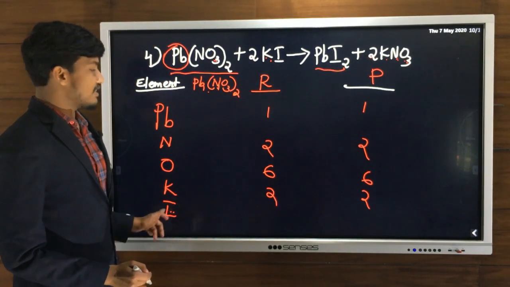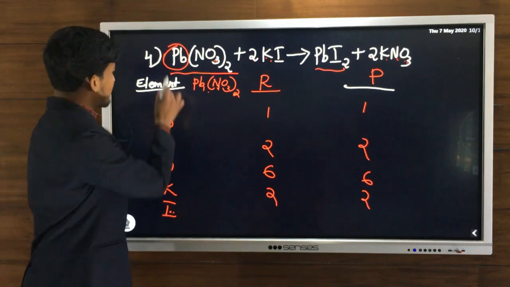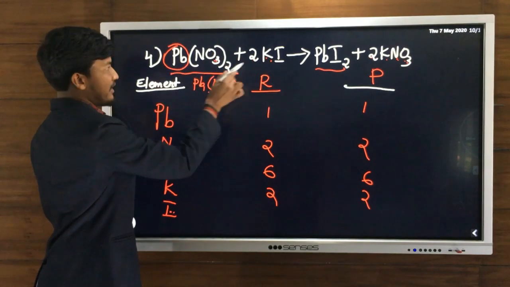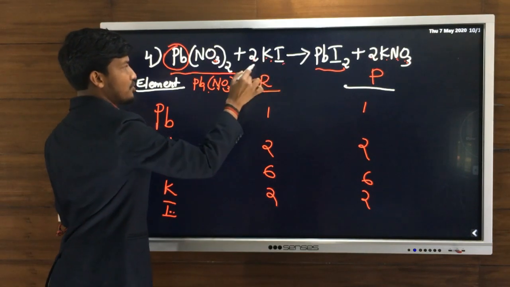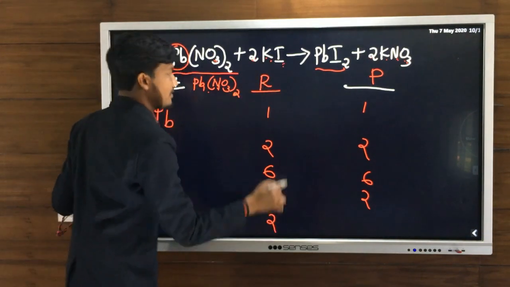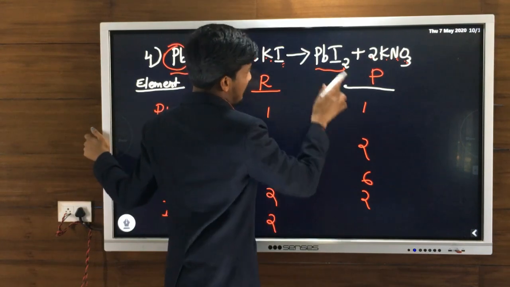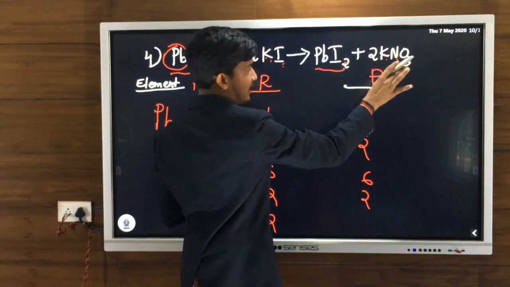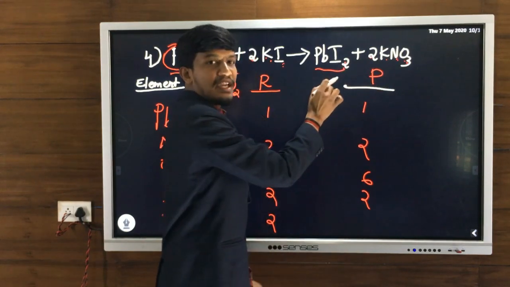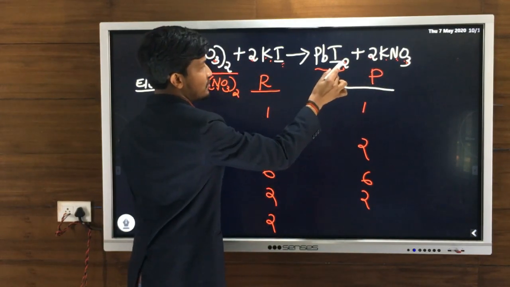Capital letter I means iodine. There is no I in Pb(NO3)2. I is in the second reactant: 2 into 1, 2 iodine. On the right side, there is no I in the second product, so the number of I atoms on the right side is 2.